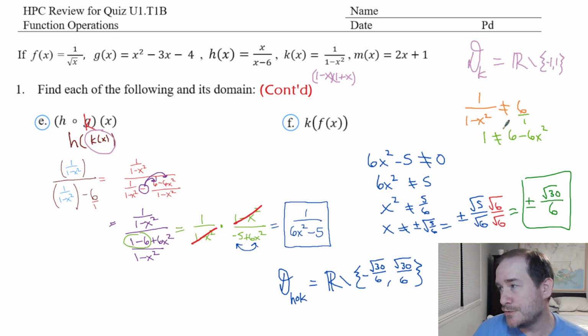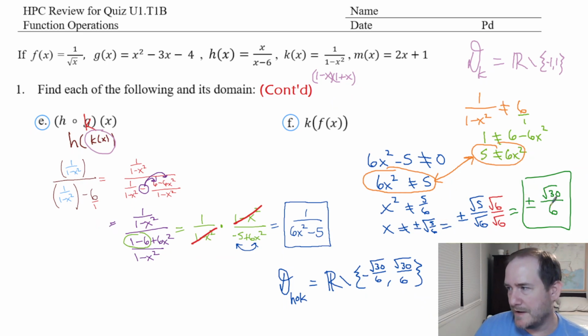And then you'd subtract 6 and get negative 5, but then you'd divide through by negative 1 to get positive 5 should not equal 6x squared. At which point I'm just going to quit, because you should probably be noticing that we just arrived at the same point that we already did this math before. And yes, we're going to land on plus or minus root 30 over 6.